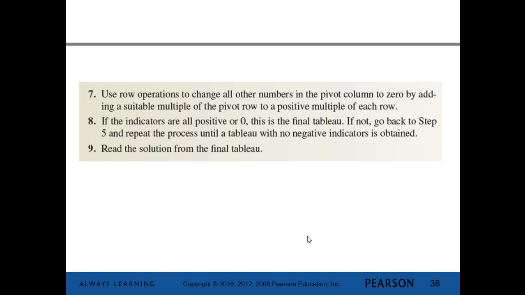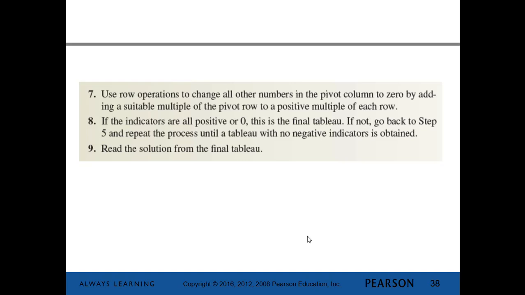Positive multiple. If the indicators are all positive or 0, this is the final tableau. If not, go back to step 5, repeat the process until a tableau with no negative indicators is obtained.